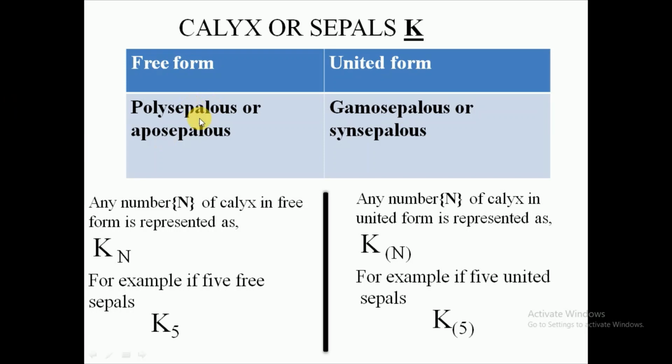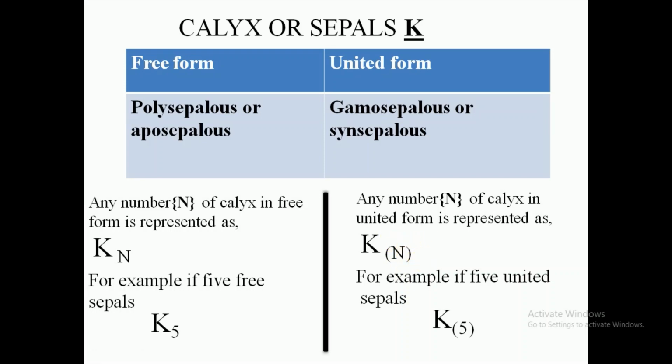For free form, if there is any number n of calyx in free form, it is represented as capital K with n in subscript. Now let's see the difference between free form and united form. In united form, any number n of calyx is represented as K with the subscript number in brackets.